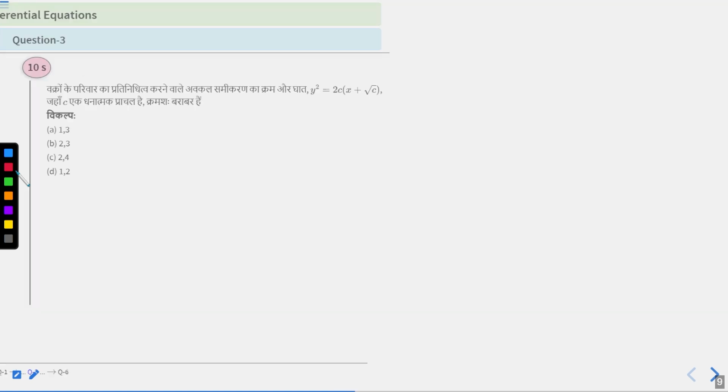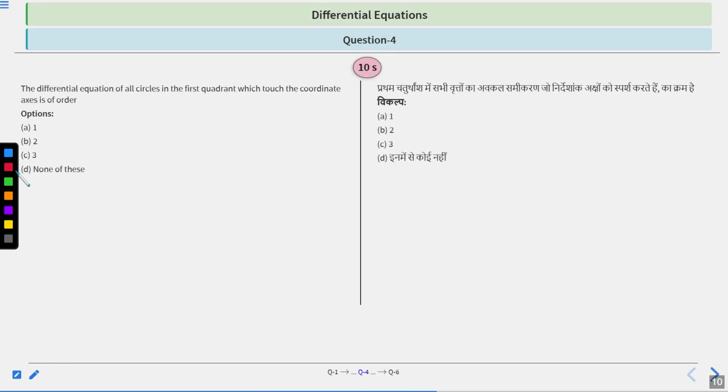Now let's move to the next question. Question number 4, which says the differential equation of all the circles in the first quadrant which touch the coordinate axes is of order. The hint is that we have to form a differential equation of all the circles in the first quadrant which touch the coordinate axes.